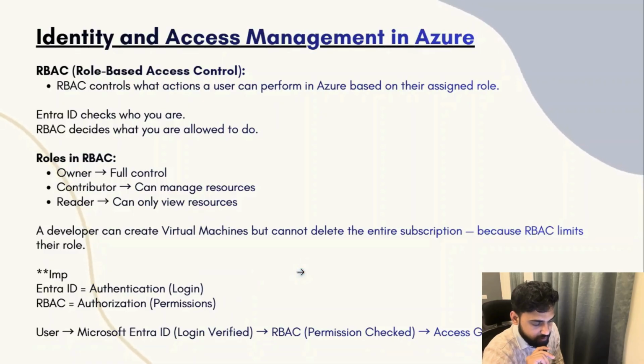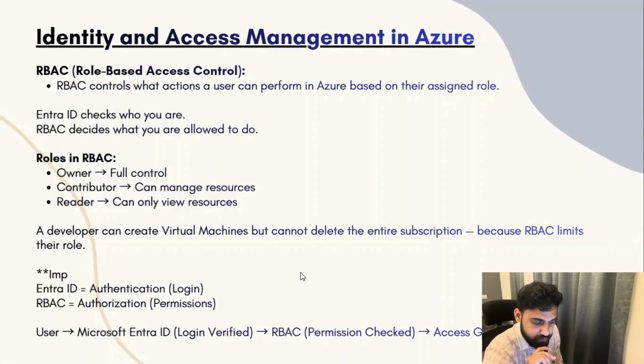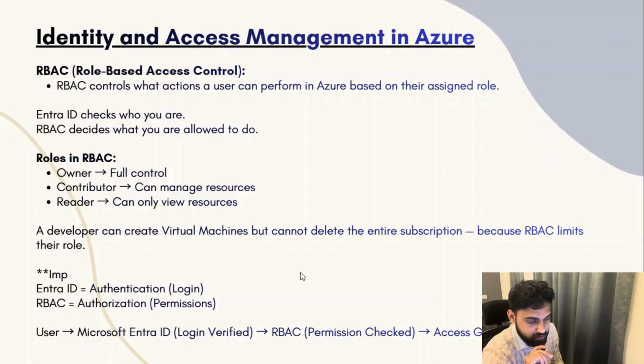Okay, if you see the last line, first the user tries to log in, then Microsoft Entra ID verifies that login. If the user is valid, then it will check the role of that particular user using role based access control. If the permission is checked, and the user has the proper access, proper role, then they are allowed. Okay, we will give the access.